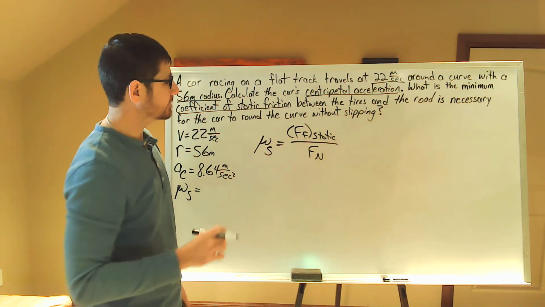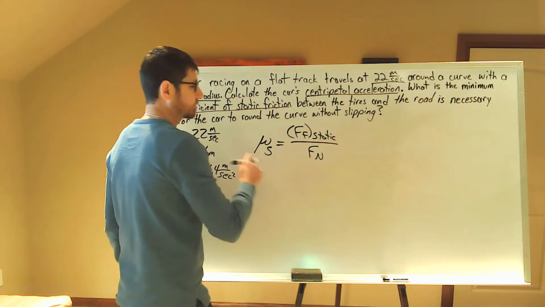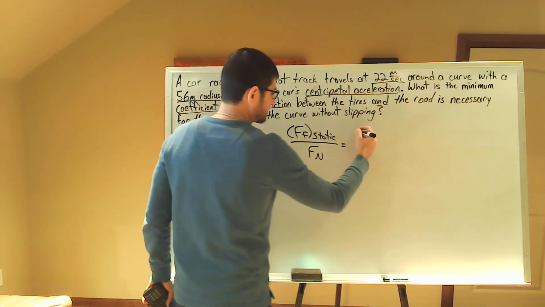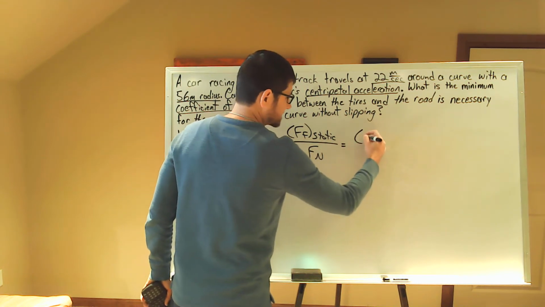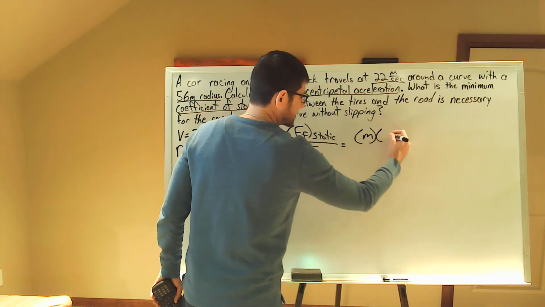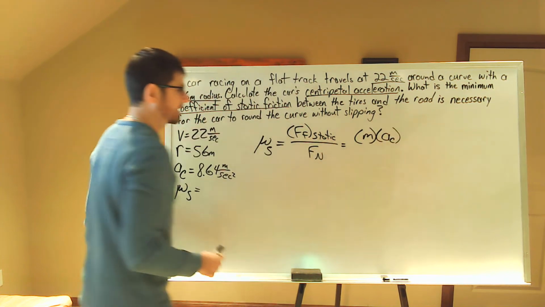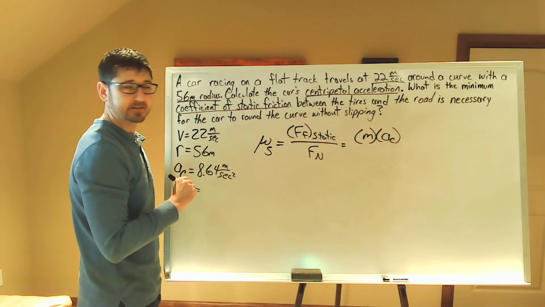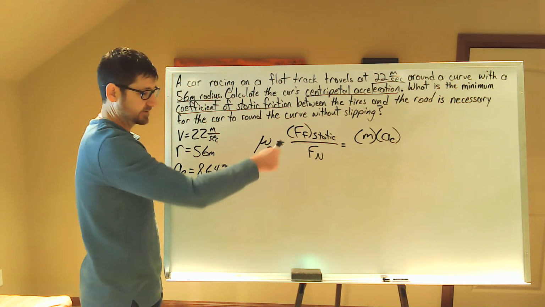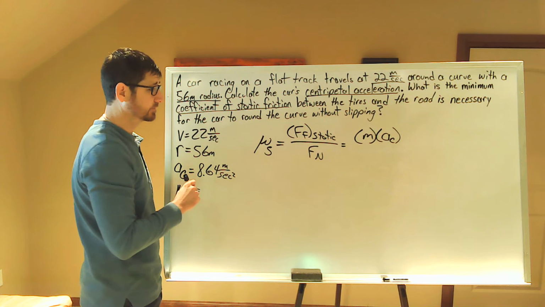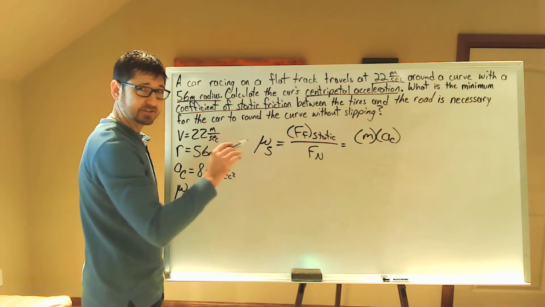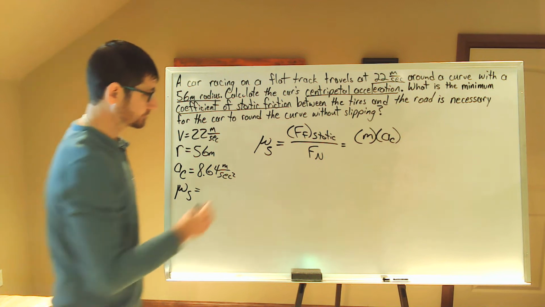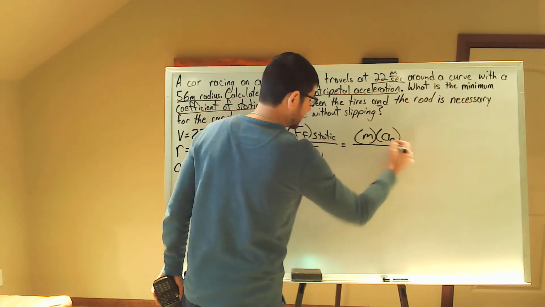The static friction force is going to be the mass times the centripetal acceleration, because we know that the net force applied to this object is a vector pointing to the center of the circle, and the agent of that force is the static friction force. And we're going to divide this by the normal force.